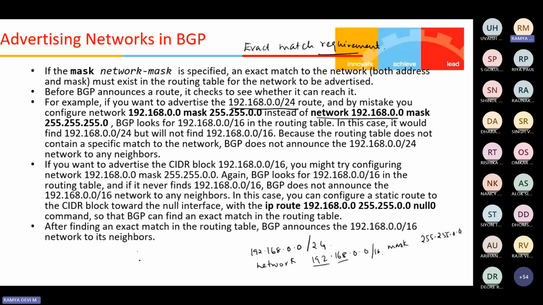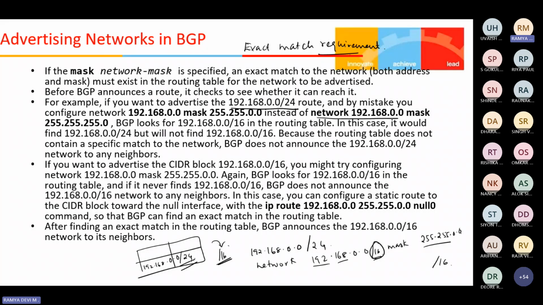In my routing table there is a match, but it is for 192.168.0.0/24, not for /16. By default, the mask will be taken as two octets, so it will be /16. An exact match should be there, so it will be looking for /16, but what is there in the routing table is /24. The forwarding table has /24.